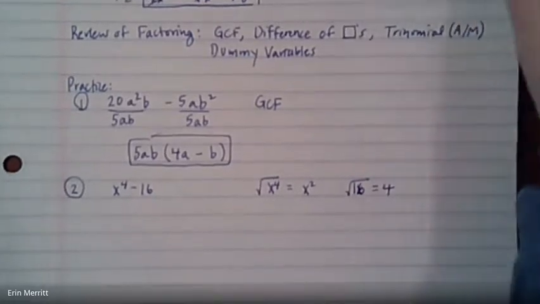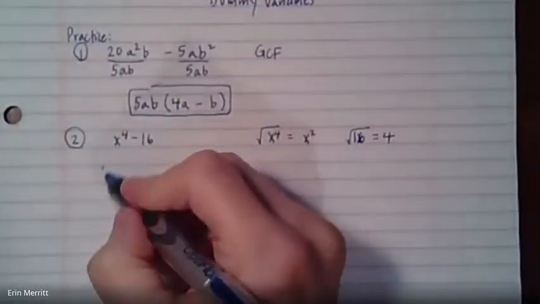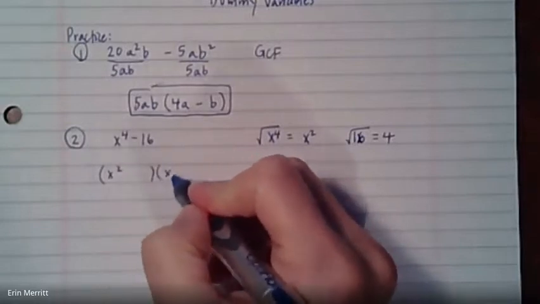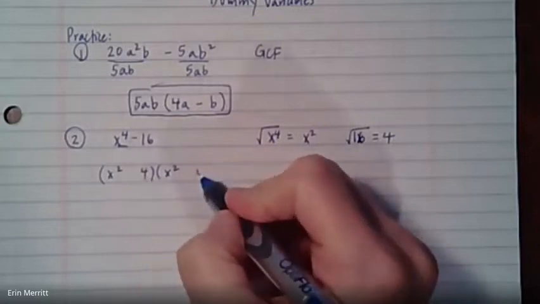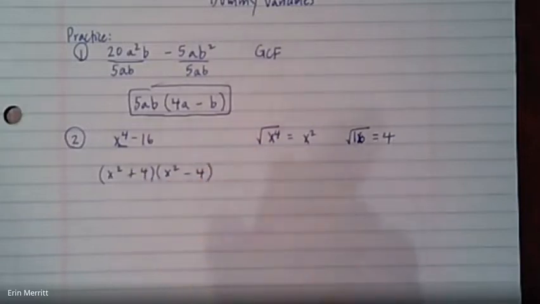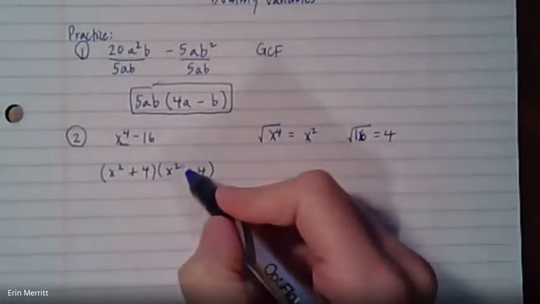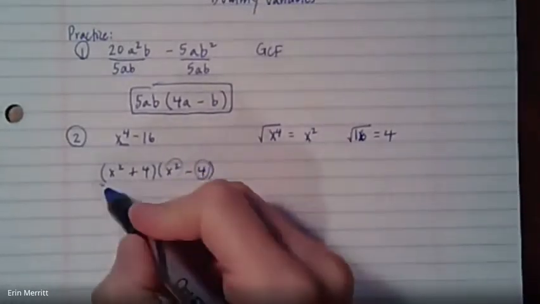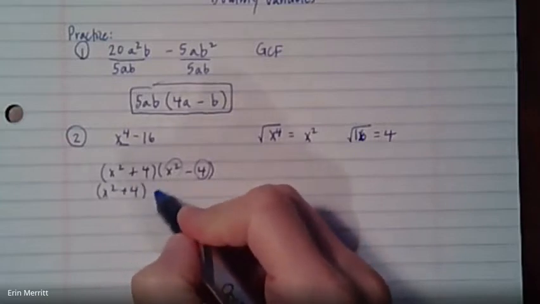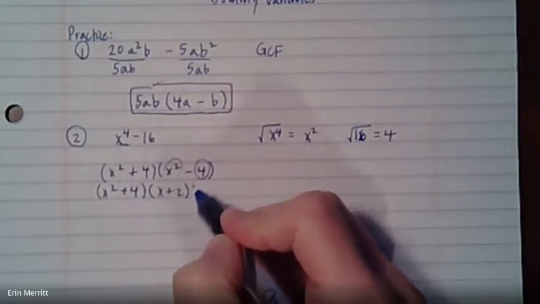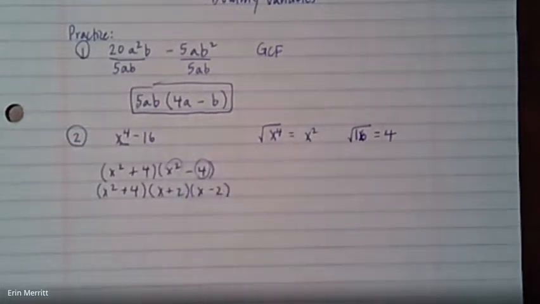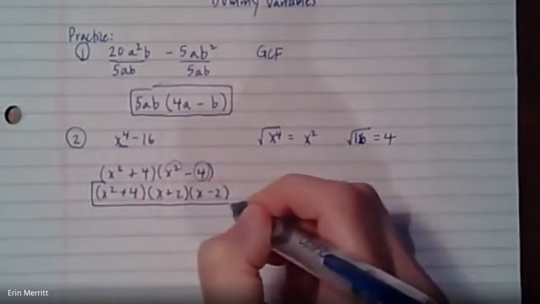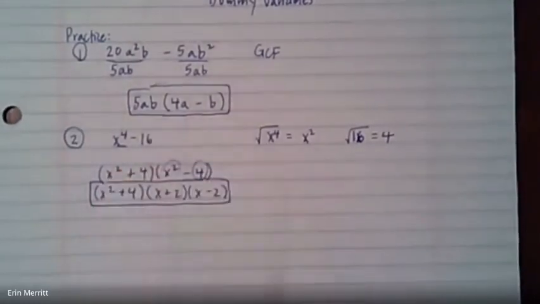So when you think about how we would build these difference of squares, you take the square root of each: the square root of the first piece goes in the front half, the square root of the second piece goes in the back half, and then one plus, one minus. If it can keep going, we want to keep it going. This is difference of squares again. So I'm going to keep the x squared plus 4, and then this will split to x plus 2 and x minus 2, because that's the square root of x squared, and that's the square root of 4. When you've completely factored it, then we can stop boxing in and call it a day.